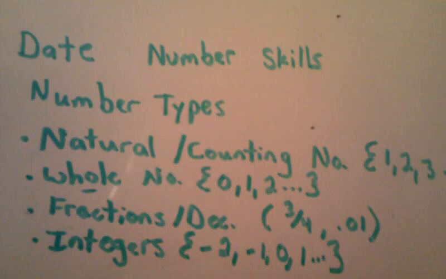The numbers illustrated right here are also called real numbers. All of these are real numbers. Certain roots are also called real numbers because they can be represented on a real number line.